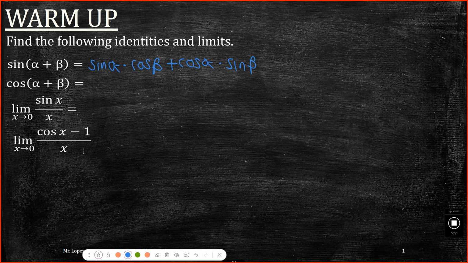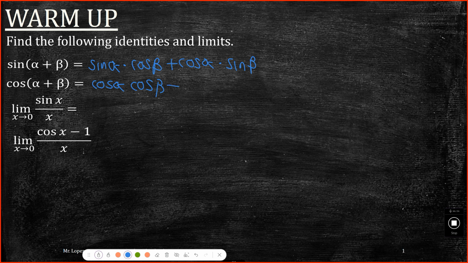Let's go. What would be the cosine of alpha plus beta? That one is going to be cosine alpha cosine beta. The sign changes. It's not plus, it's minus. So for cosine, the sign changes.